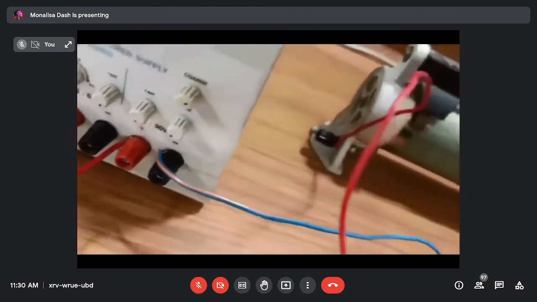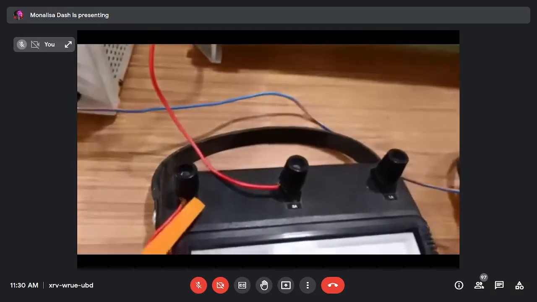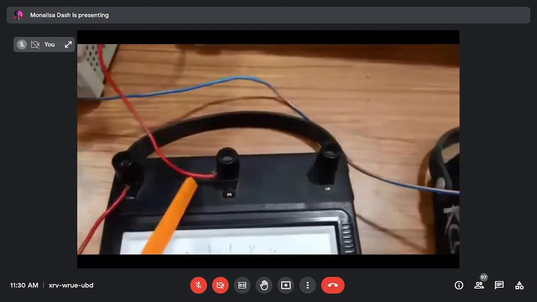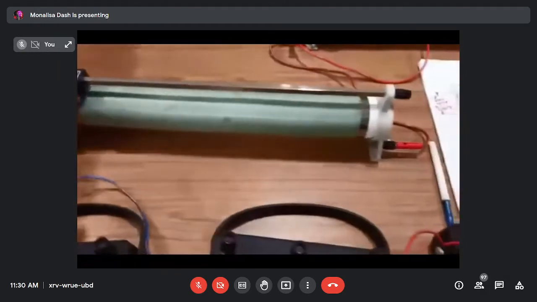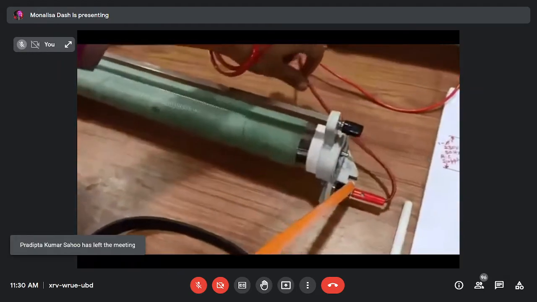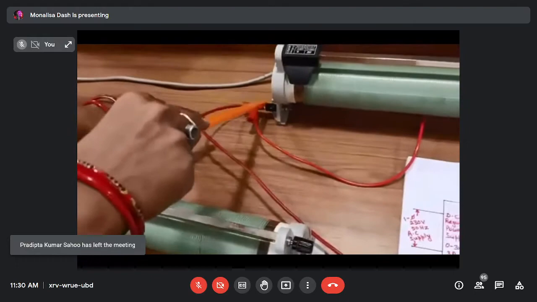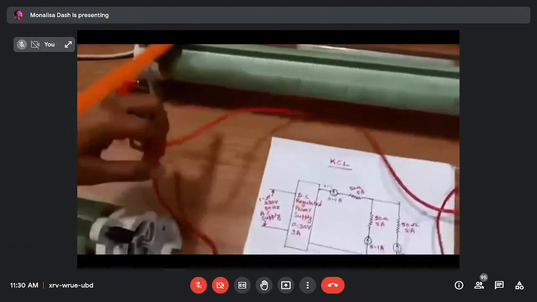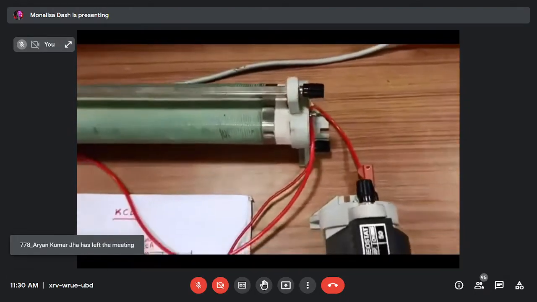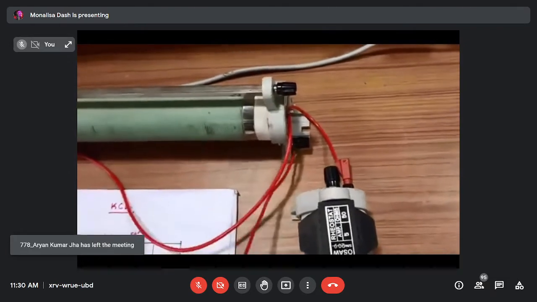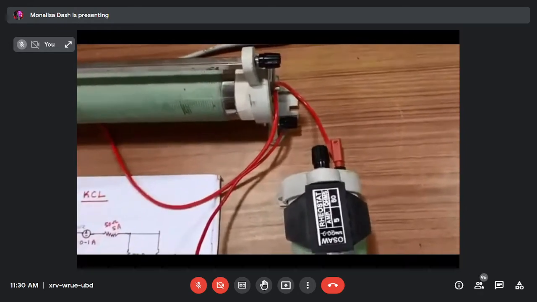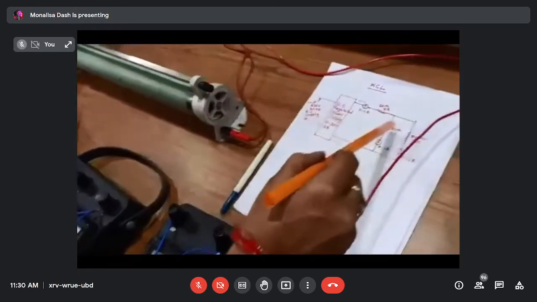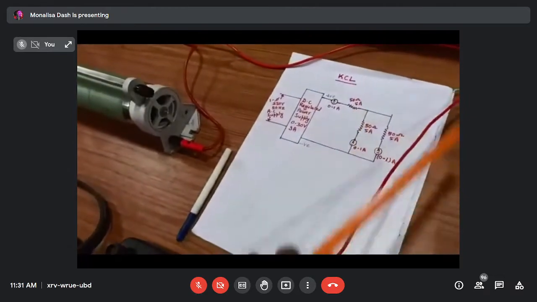Positive point to common of the ammeter, then 2 ampere to rheostat, first rheostat first end, and first rheostat second end to second rheostat first end, and second end of the rheostat to ammeter common.